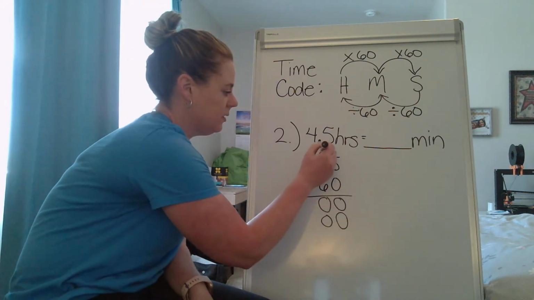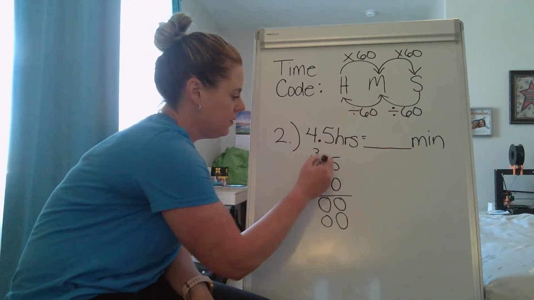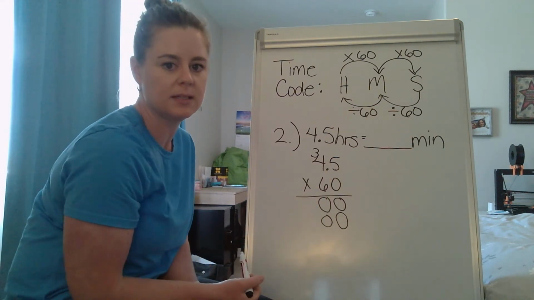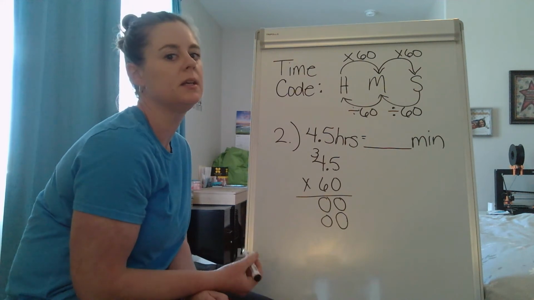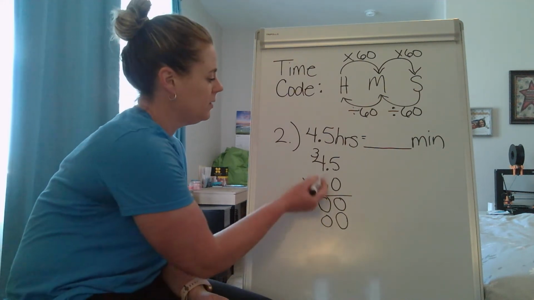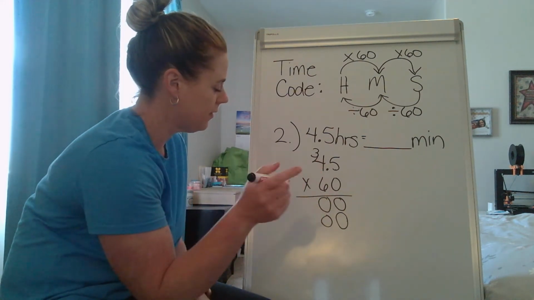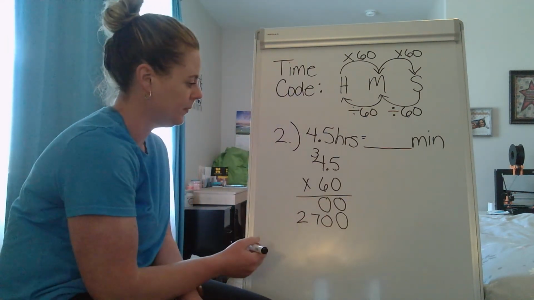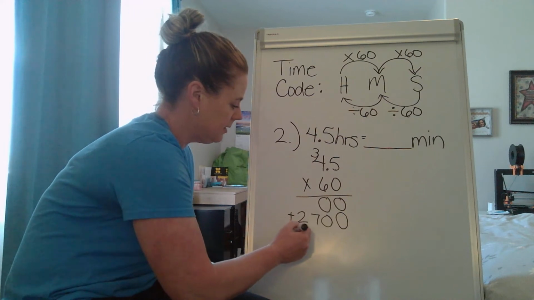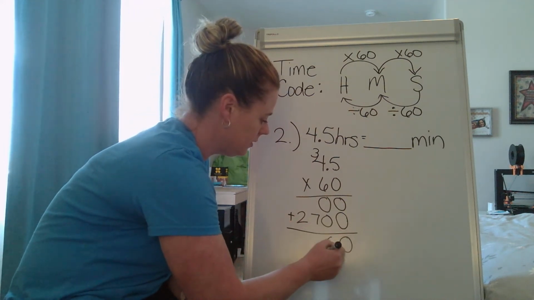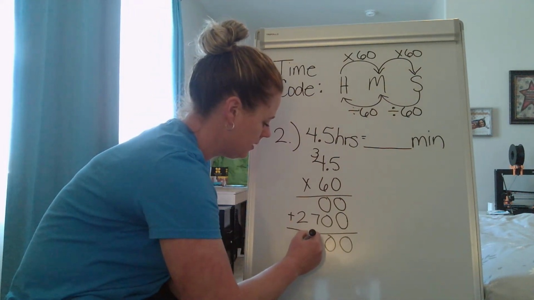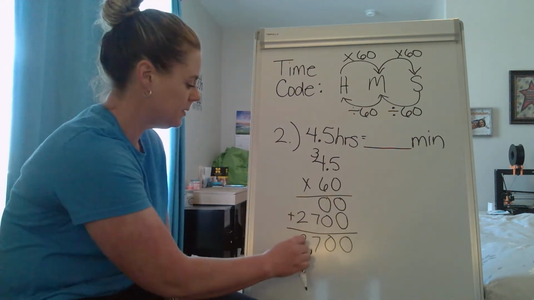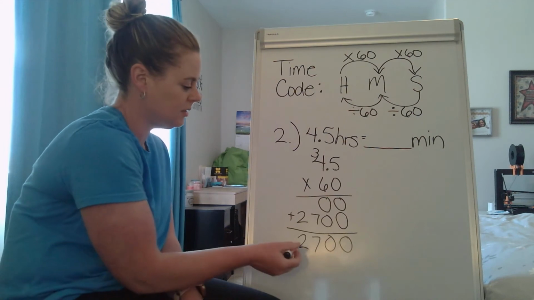So the 0 there, carry the 3. Then 6 times 4 is 24, plus 3, 27. Then we add these up. So we have 0, 0, 7, 2. So 2,700. Oops. Don't put that in yet.